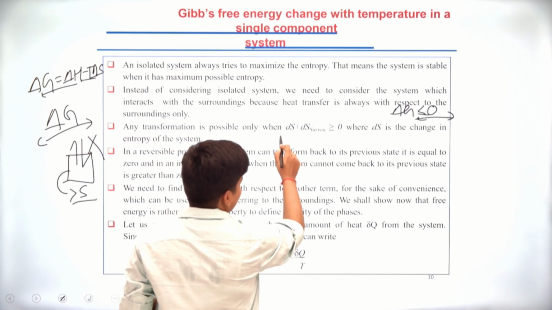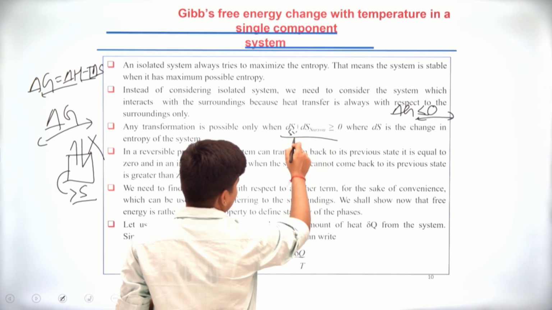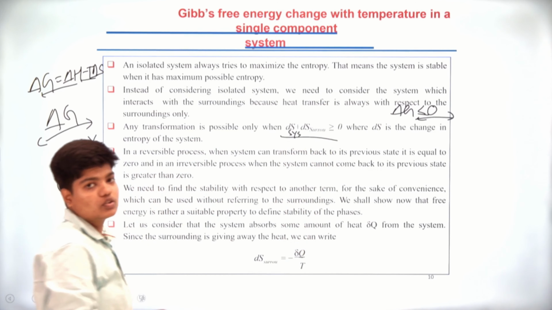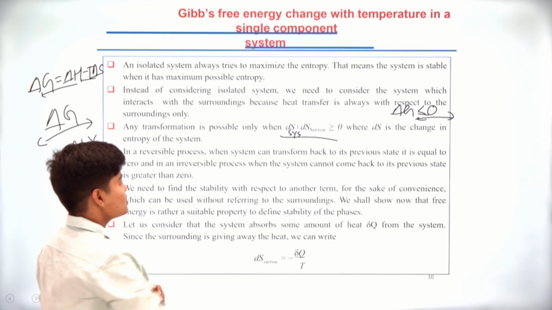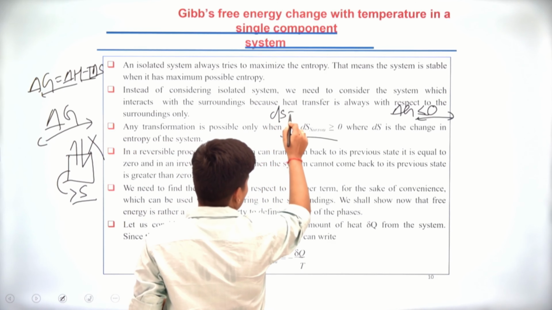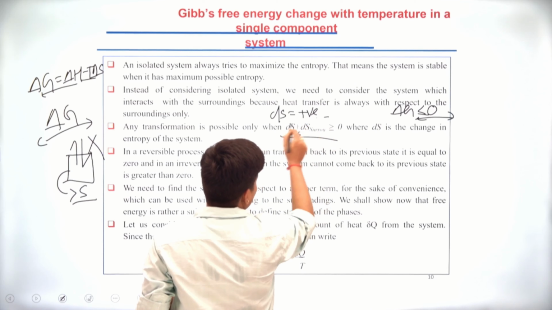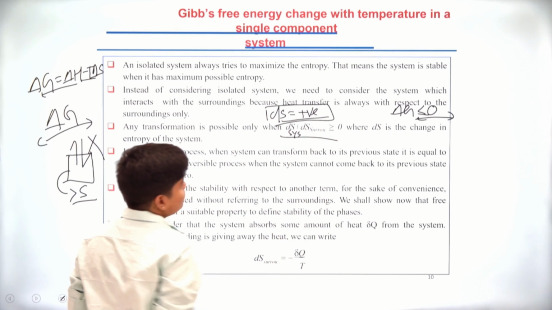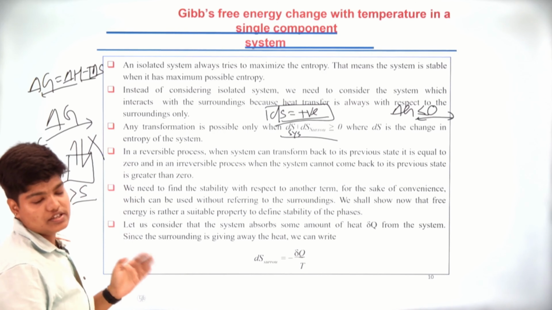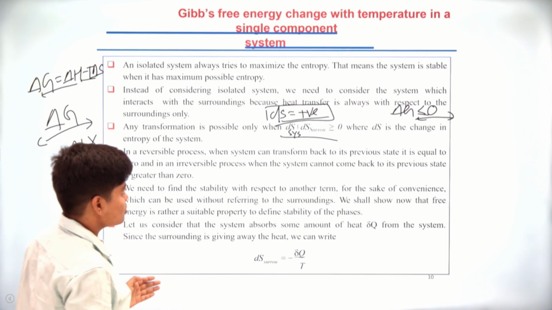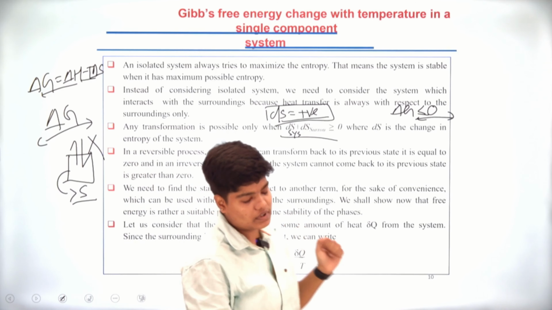The total entropy, considering dS for the system and dS for the surrounding, will be greater than 0, meaning dS is positive. This is the condition for any transformation to be possible, or the reaction to be spontaneous. The condition should be dS in the positive direction.